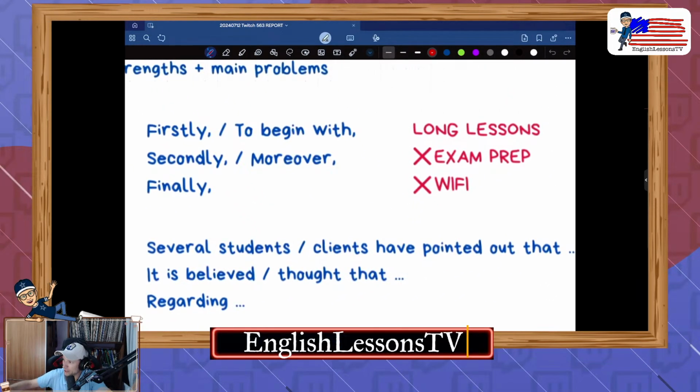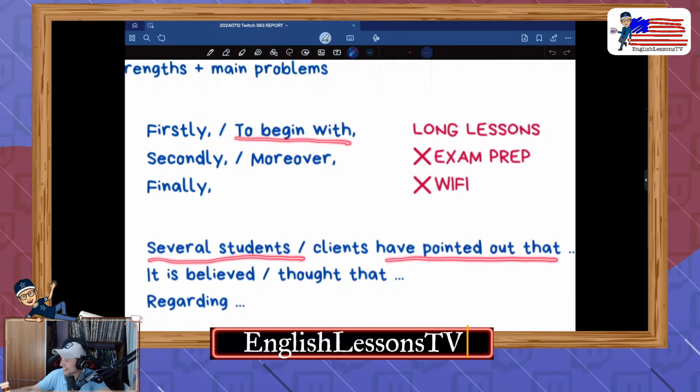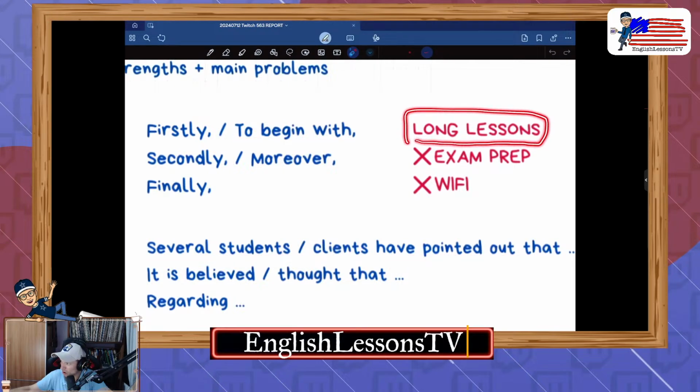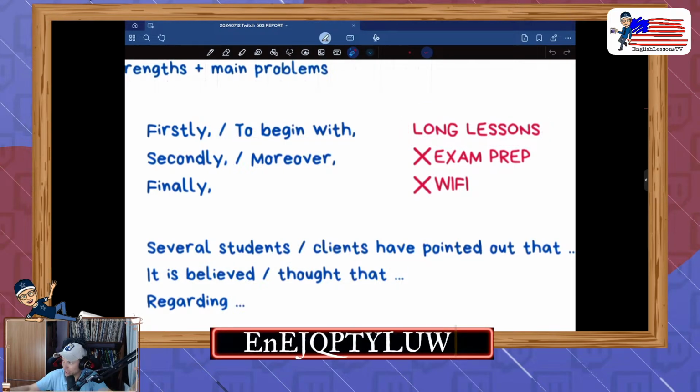To begin with, or firstly, several students have pointed out that the lessons are too long. We cannot have 2-hour long lessons, and they suggest, well, and that's it. Because it's only the problem.